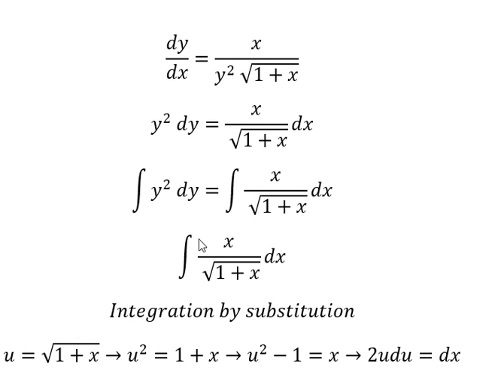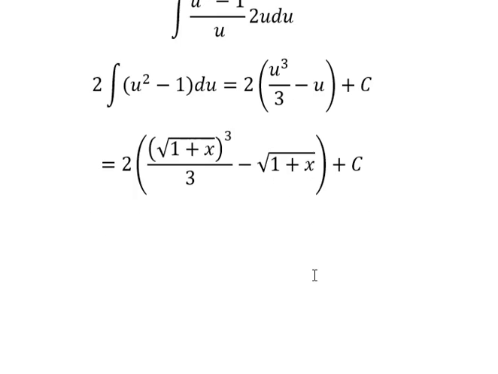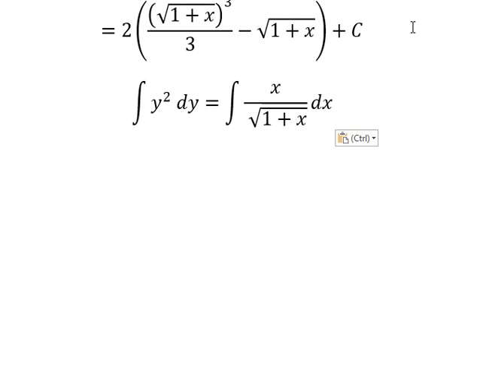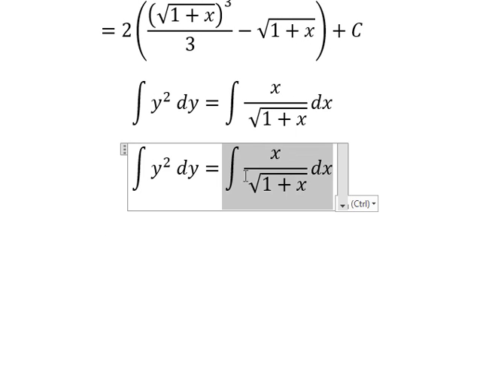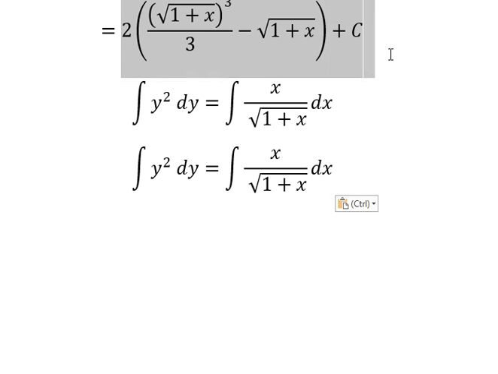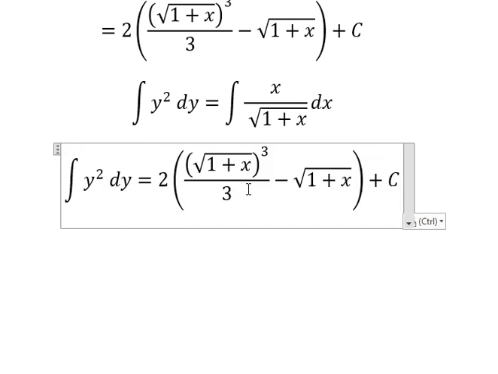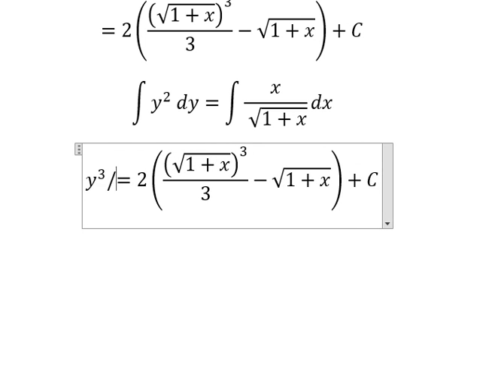Now we go back in here. So the integration of this one is this one. So the integration of y square, we have y to the power of 3 over 3.